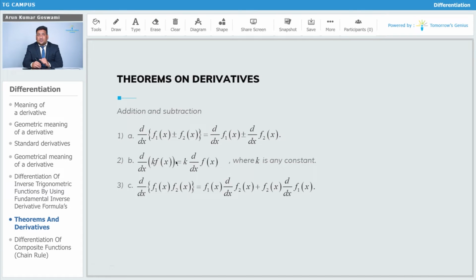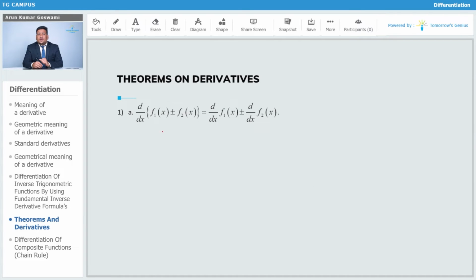So let's talk about the first one. The first one is a combination of two functions, either addition or subtraction, doesn't matter. If we have one function f1 of x and f2 of x, let us suppose I'm taking two functions here, x square plus sine x.